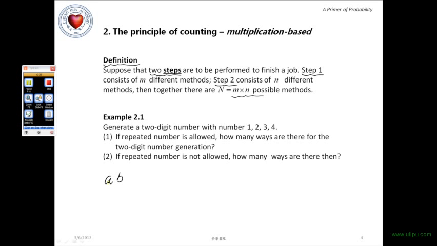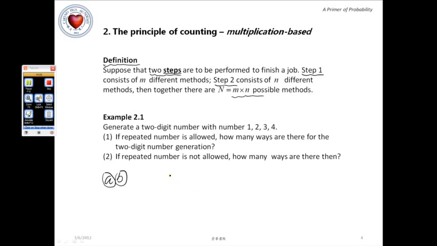Is it easy enough for us to find it's a 2-step job? Yes, of course. We determine the single digit firstly and determine the 10-digit secondly. Thus we can conclude that the multiplication rule should apply here.